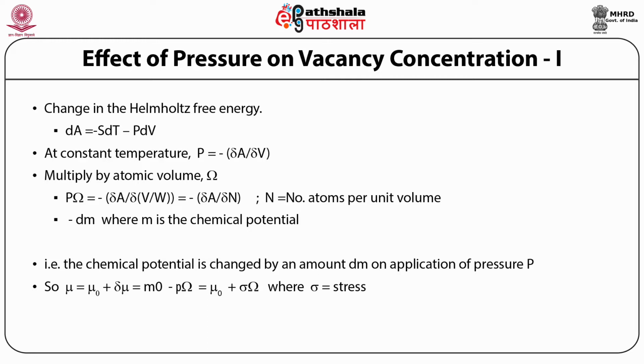So we get delta mu is equal to minus sigma omega. Here the term P has been replaced by sigma to take into account the fact that the external stress can be both tensile and compressive.